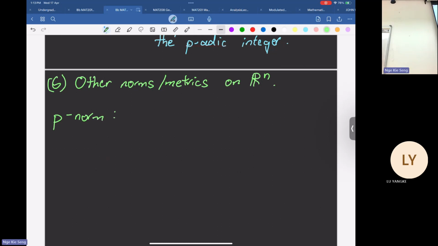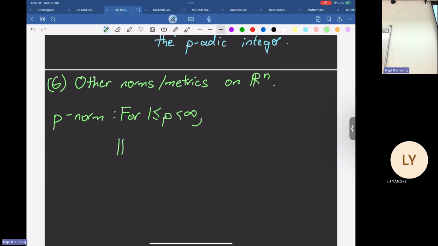What is the p-norm or p-metric? Usually we say p-norm, seldom p-metric. So what's this p-norm here? Instead of taking square and square root, we can take the power of p for any real number.